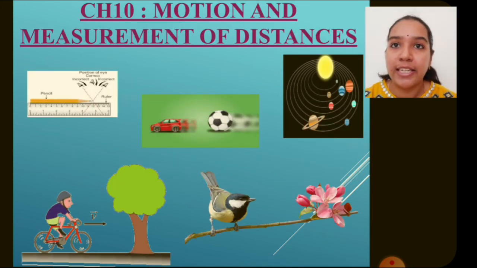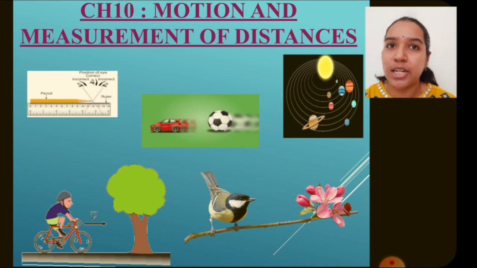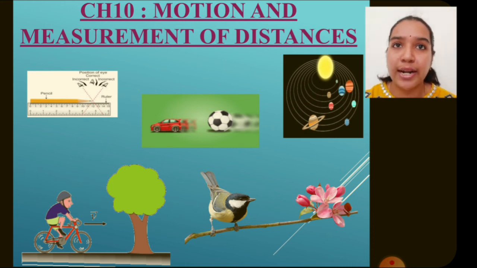So children, here we come to the end of the chapter where we learned what is motion and the types of motion, and we have learnt about measure. What we learned is the change in position of an object can be determined through its distance measurements.